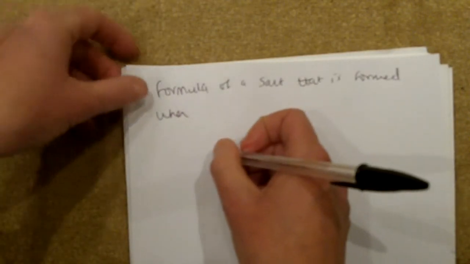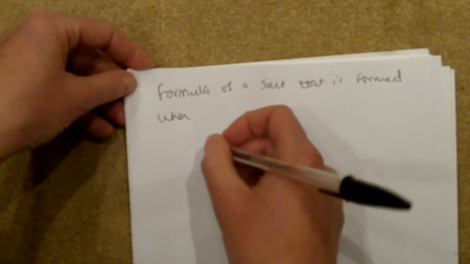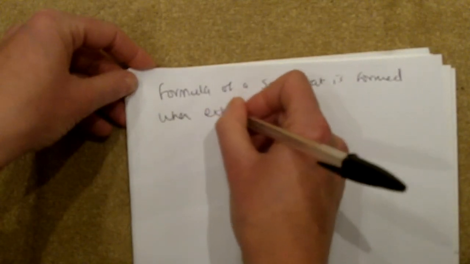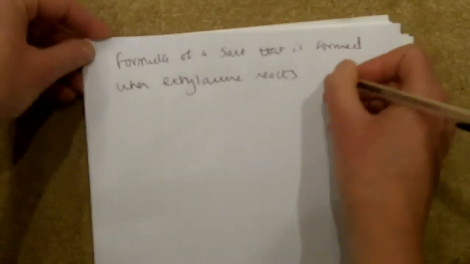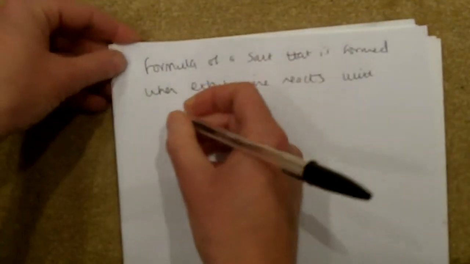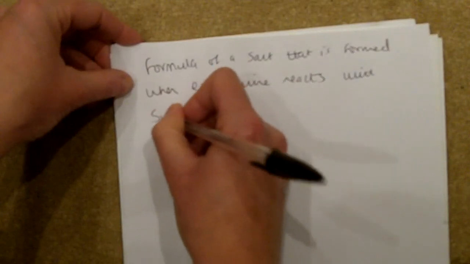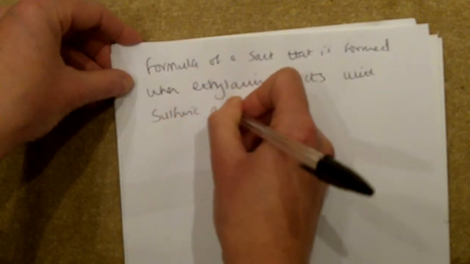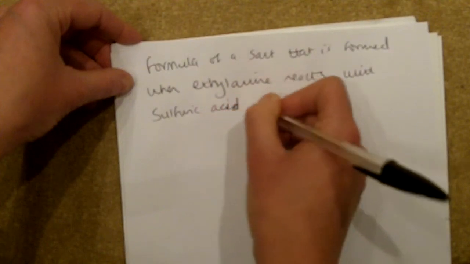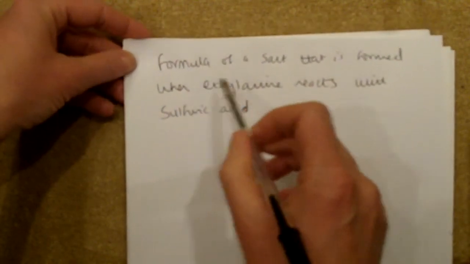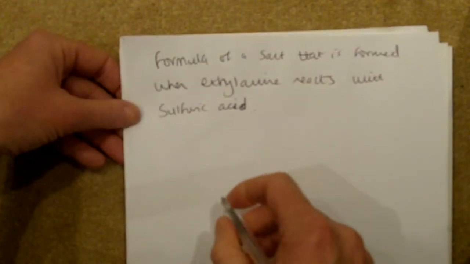This is not an amino acid, this is an amine. When ethylamine reacts with sulfuric acid. Okay, so this is not an amino acid question, I'm sorry, but let's just do it anyway because it's quite interesting. Right, the formula of a salt that's formed when ethylamine reacts with sulfuric acid.